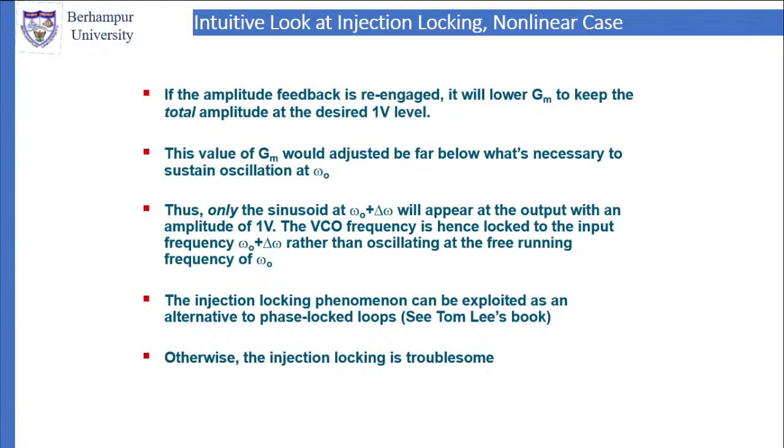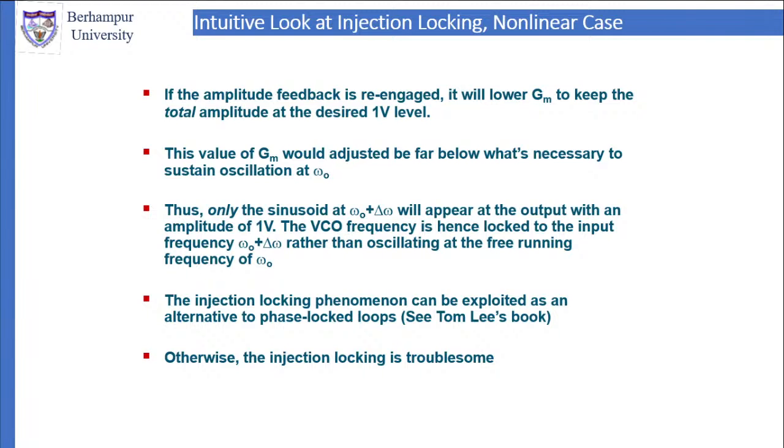If the amplitude feedback is re-engaged, it will lower the GM to keep the total amplitude at the desired value of 1 volt. Earlier, when it was disengaged, it was 1 volt plus 100 volt. Now, re-engaging it, we are trying to come back to the 1 volt level.